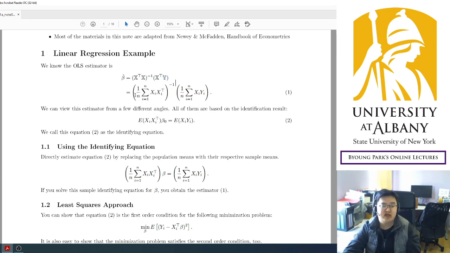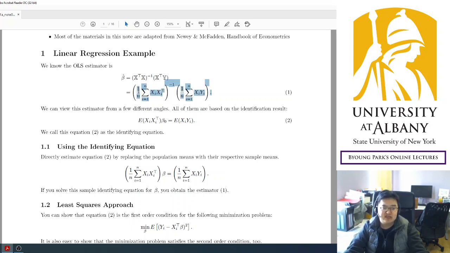Then beta hat is calculated this way. I believe you know what it is. And we are going to think about this. We know the answer, and maybe you have learned how it is derived, but we are going to generalize this idea: how we can connect the estimator to the model assumptions we had.